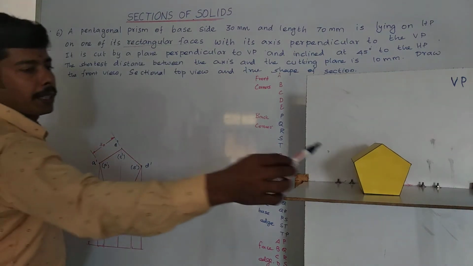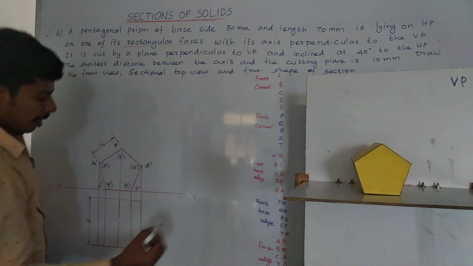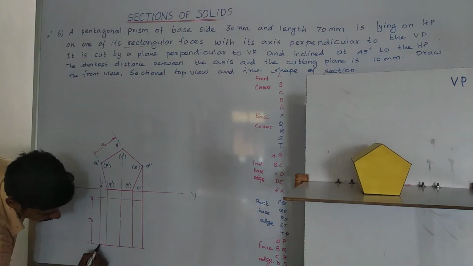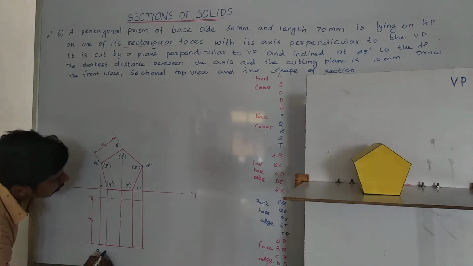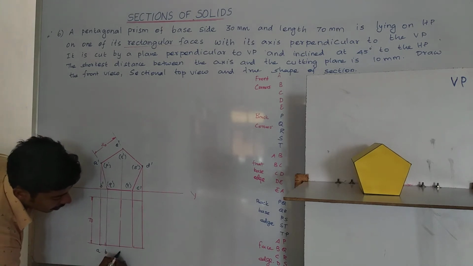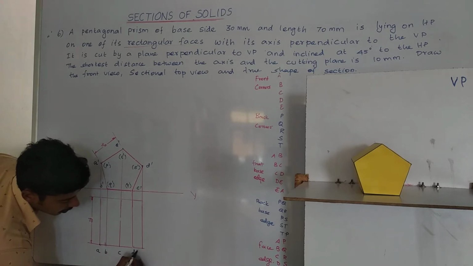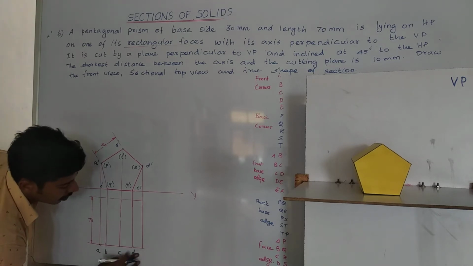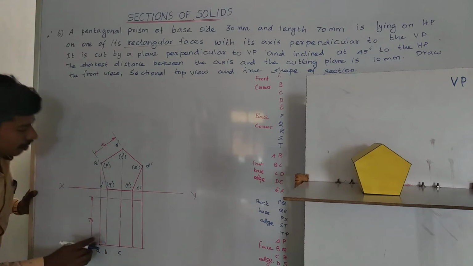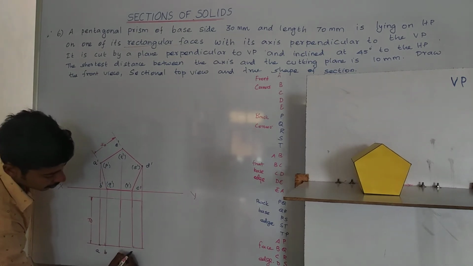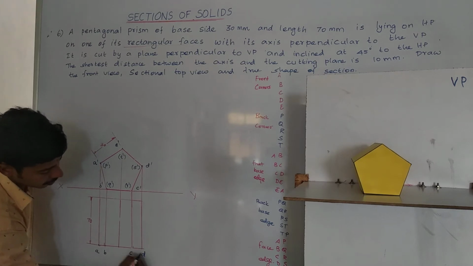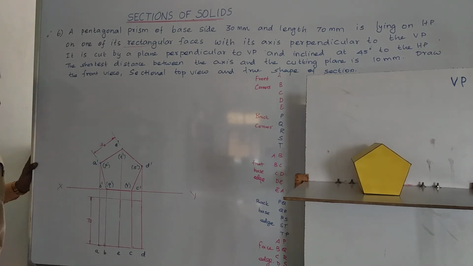The front corner points are these points: A, B, C, and D, and E.